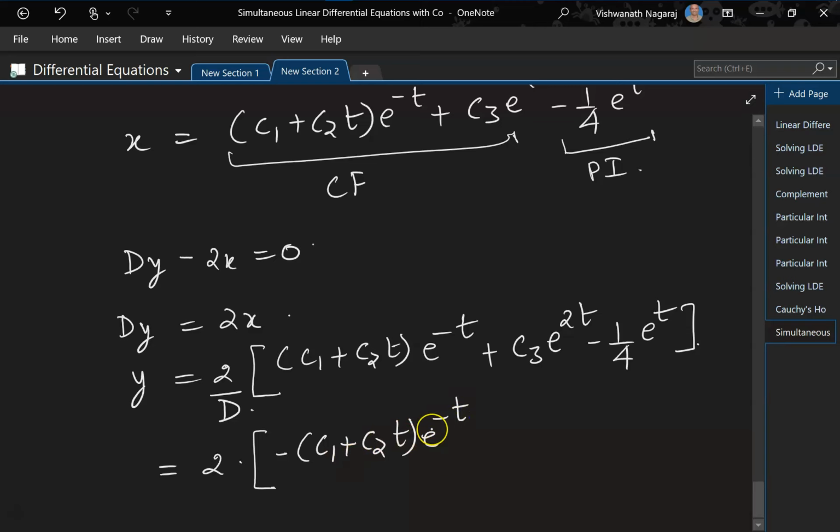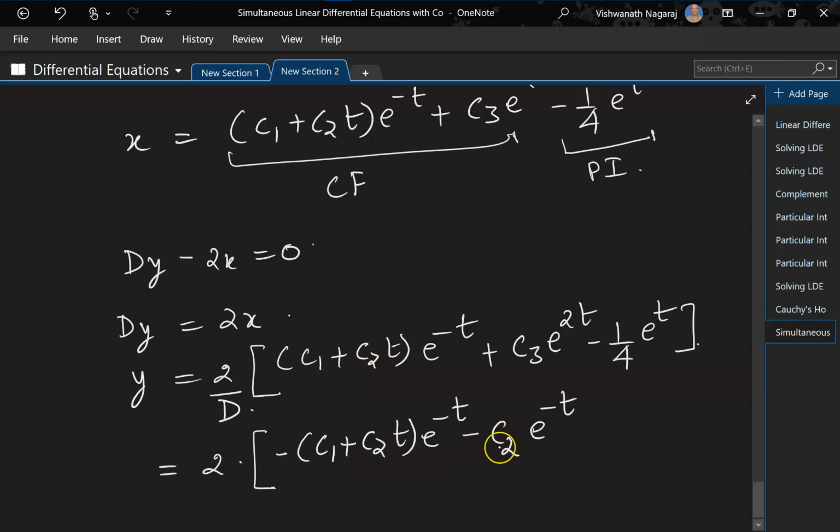Now if we differentiate this, what do we get? This becomes minus into minus, plus c1 plus c2t e to the power of minus t, which is what we have, but we would have differentiated this as well, and this would have been kept as it is. If we differentiated, this minus comes down, so this should become plus here, so minus again, and differentiation of this would have given us c2.